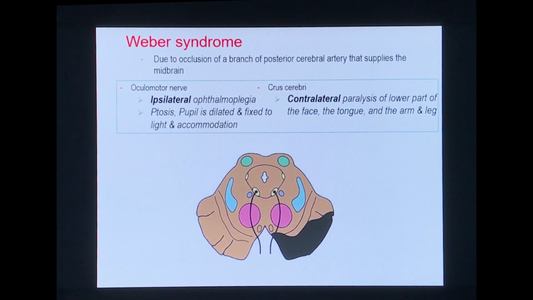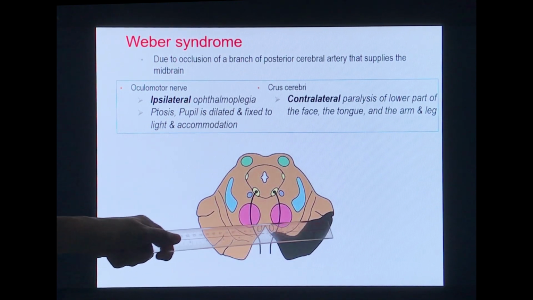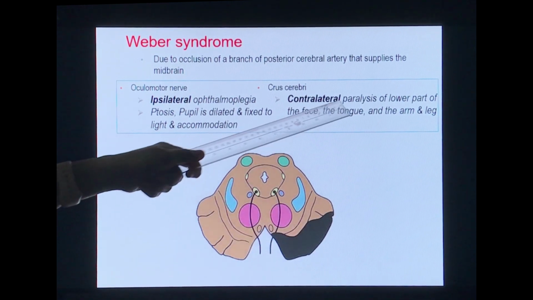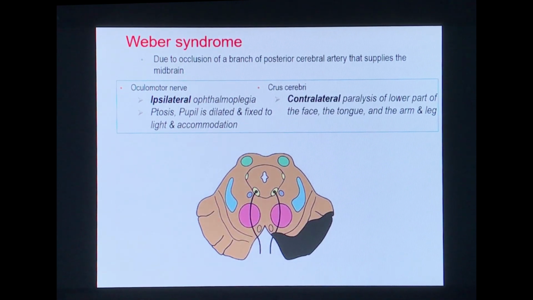In the pons you have the trigeminal nerve, then the abducens nerve, the facial nerve, and the vestibulocochlear, then below that you will have the rest, 9, 10, 11, 12. Since corticonuclear fibers are involved, there will be paralysis of the lower part of the face and the tongue, because it involves the facial muscles, which are supplied by the facial nerve, and also the hypoglossal nerve.